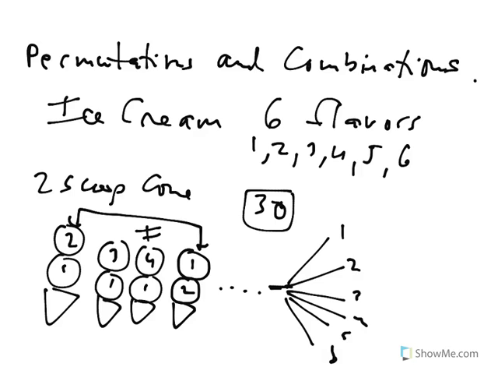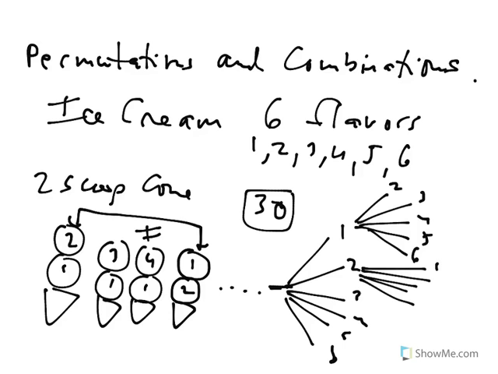Once I pick that bottom scoop, say I picked 1 as the bottom scoop, then 2, 3, 4, 5, or 6 could be the top scoop, or if I pick flavor 2, I could have 1, 3, 4, 5, 6. Coming out of each of these would be 5 different options for the top flavor.